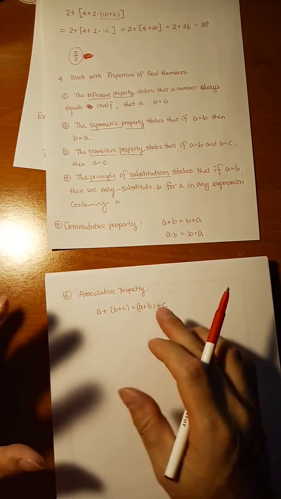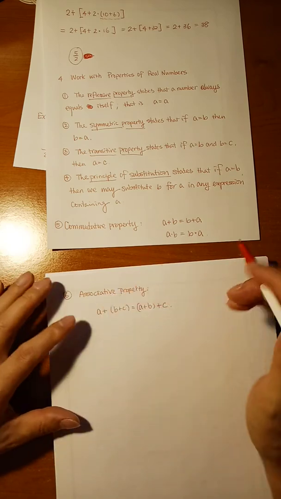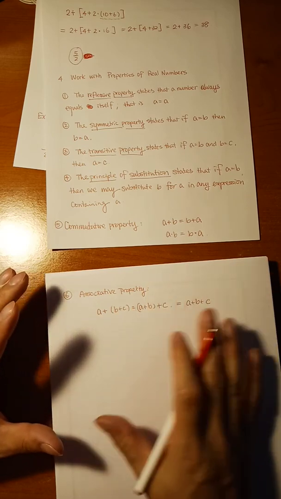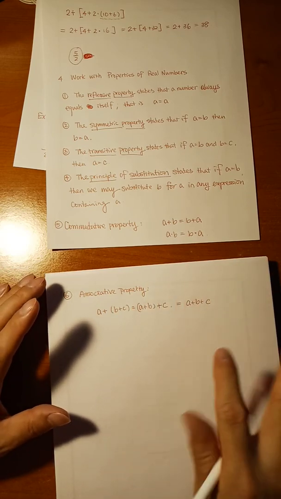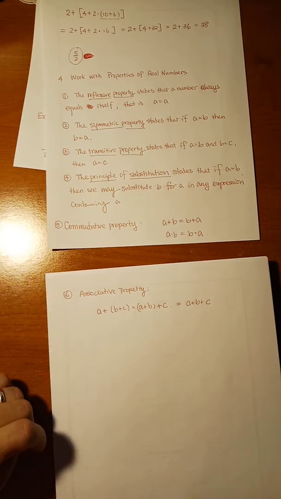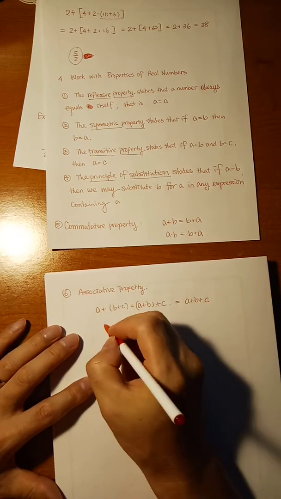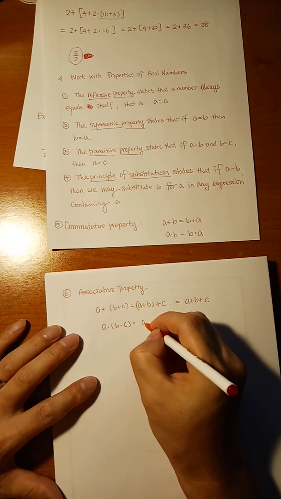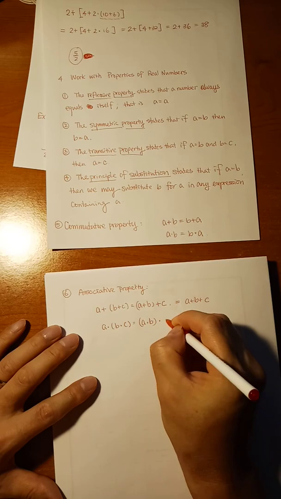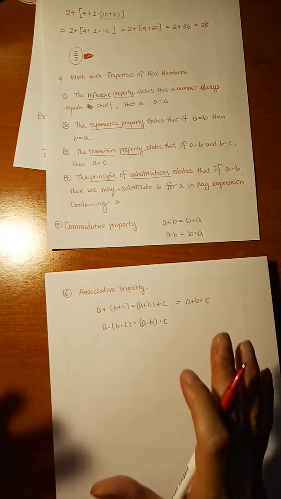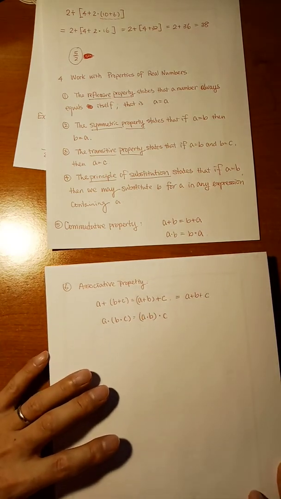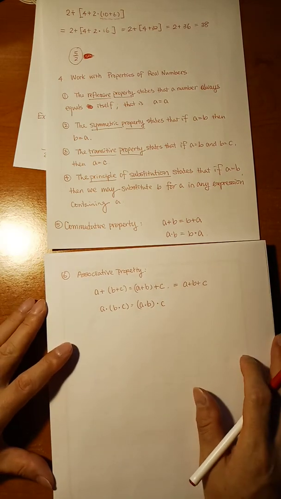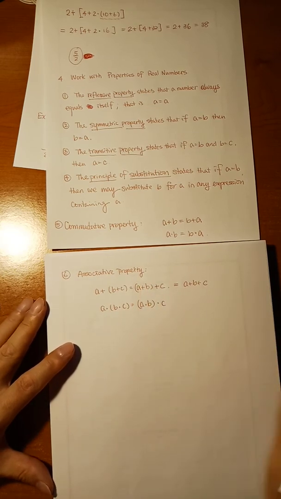With this property, you don't worry about order. Just write A plus B plus C. I don't care how you do this computation. Multiplication also has this associativity. You can choose your favorite order, or the most effective order, to compute a product or a sum.